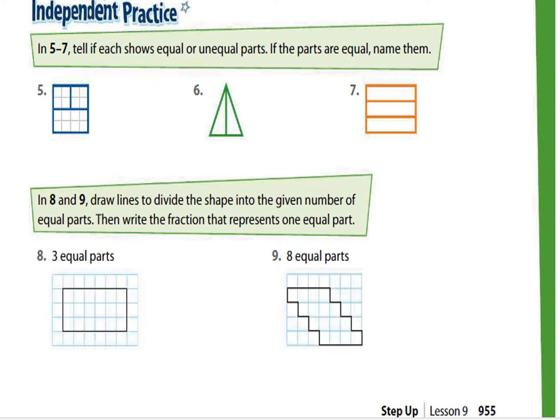Do you have equal parts? With your eyes, you can say. Excellent. We have equal parts. Can you say the unit fraction or the fraction that represents one part? Amazing. 1 over 3.